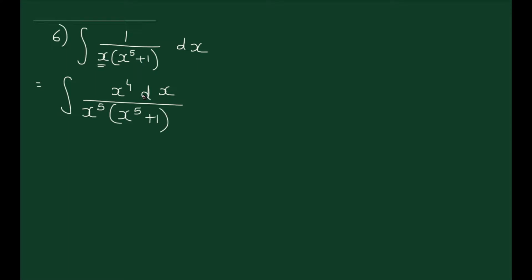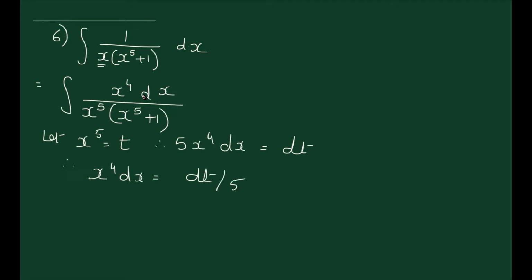Now here we substitute this way. Let x raised to 5 is equal to t. Therefore, upon differentiating on both the sides with respect to x, we get 5x raised to 4 dx as dt. Remember, you have done substitution sums earlier also. And therefore, x raised to 4 dx becomes dt upon 5.